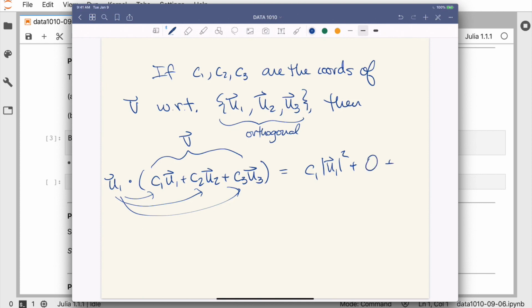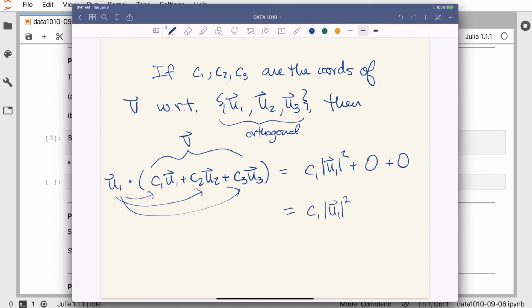The thing is, both of those are 0 because each vector dotted with a different vector in the list is 0. So if we just dot U1 with V, we see that what we get is the coordinate that we're interested in, C1, times the squared norm of U1.